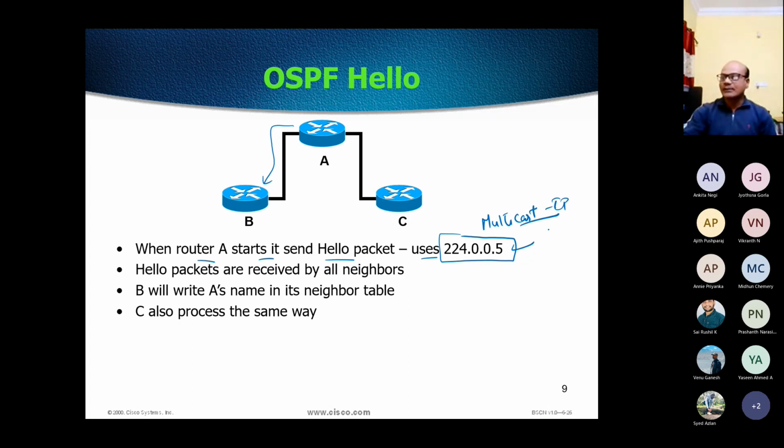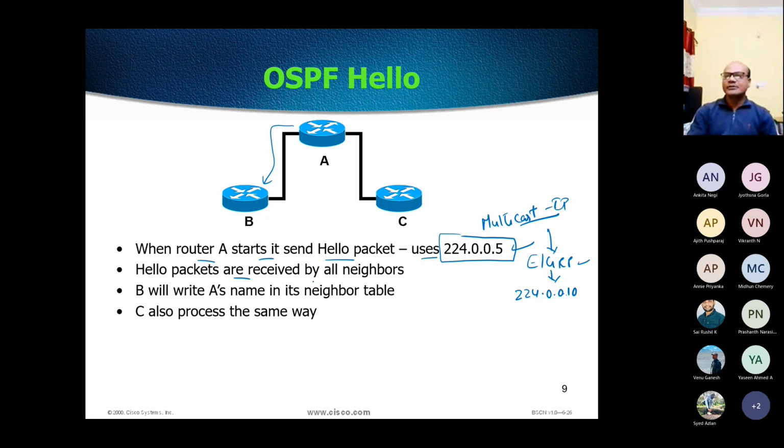What is the multicast IP for EIGRP? I think yesterday I told you, right? 224.0.0.10. Yes, very good. And 224.0.0.5 is the multicast IP for OSPF.